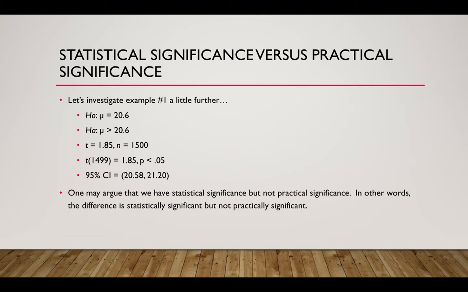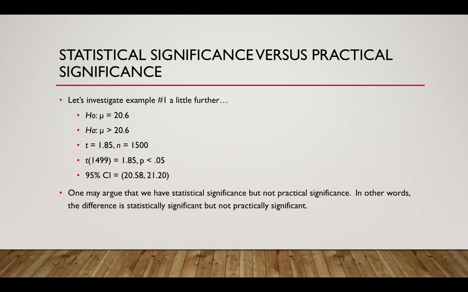So we have statistical significance. But if you try to tap into the location of the mean, the 95% confidence interval doesn't give much variation from 20.6. In fact, 21.2 is the upper end of the 95% confidence interval, although statistically significant above 20.6.